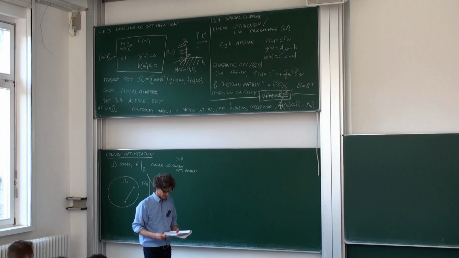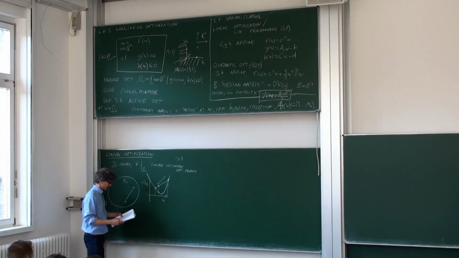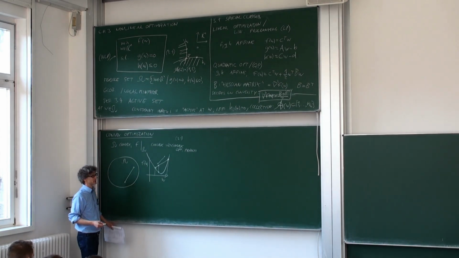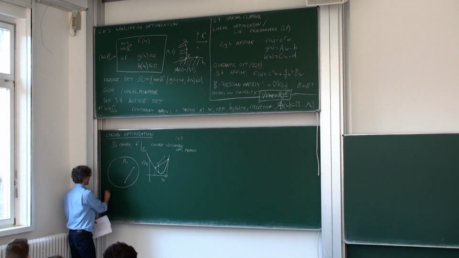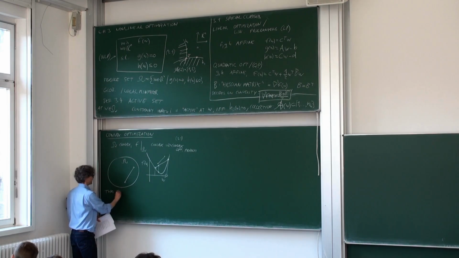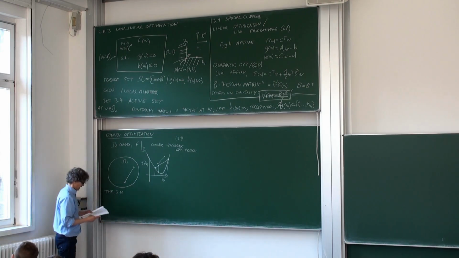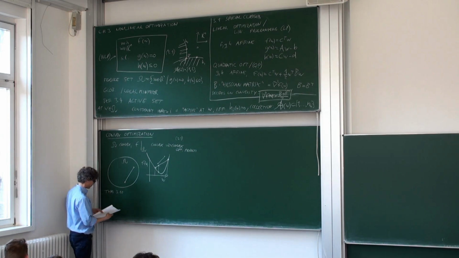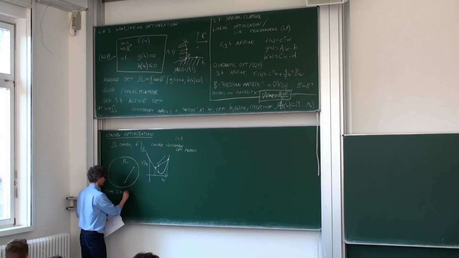But there's one theorem which makes convexity so interesting and which you can also very easily prove, actually. The theorem is called theorem 3.10: local implies global optimality for convex problems.